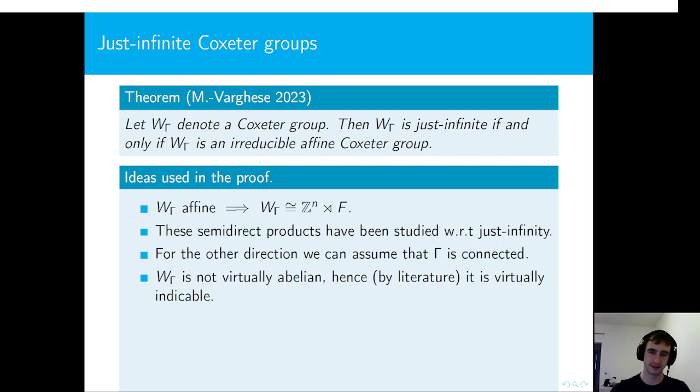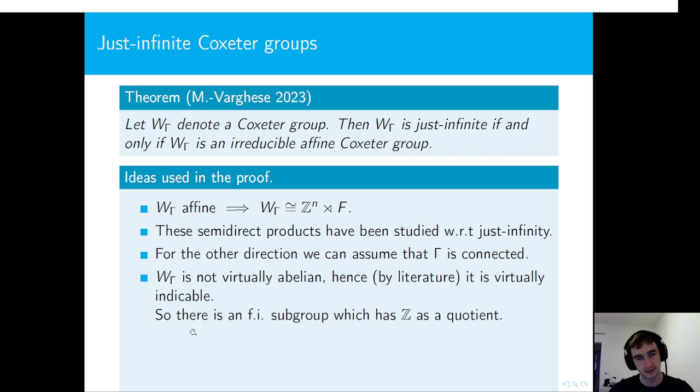And what was shown in the literature is that a non-virtually abelian Coxeter group is virtually indicable. Okay, what is this notion of being indicable? It means, well, virtually means there's a finite index subgroup which has Z as a quotient.